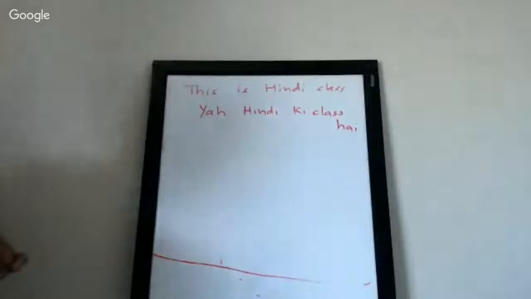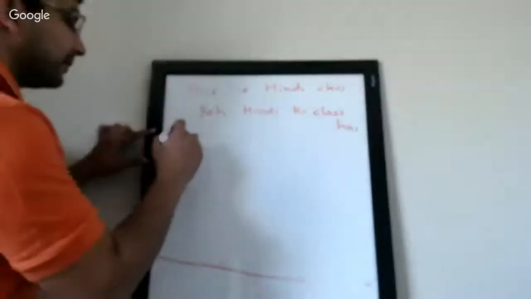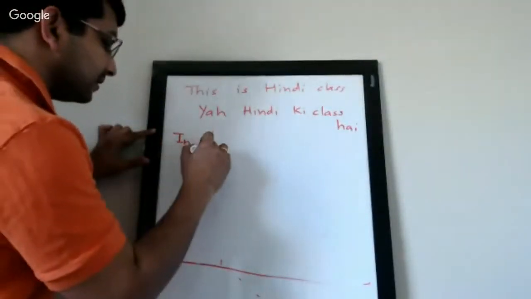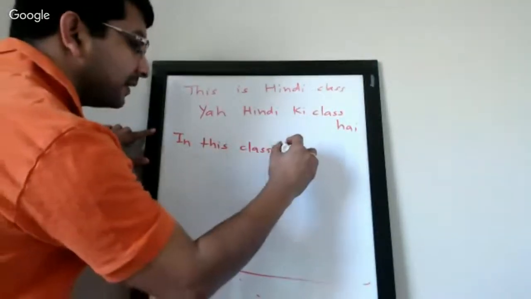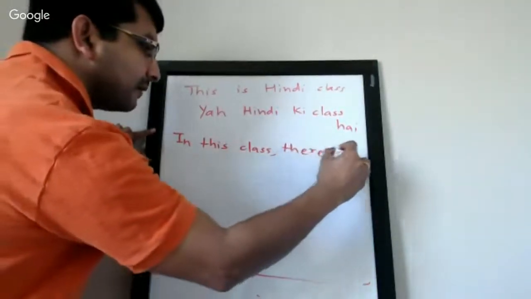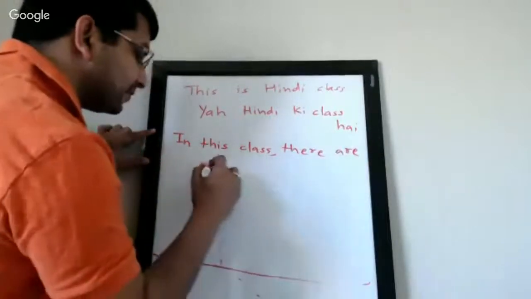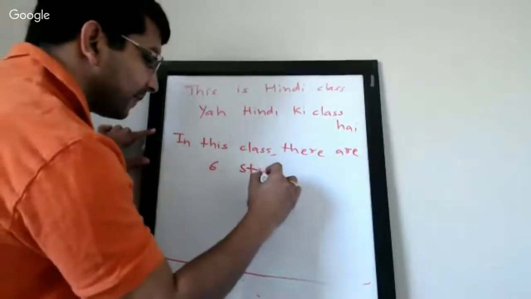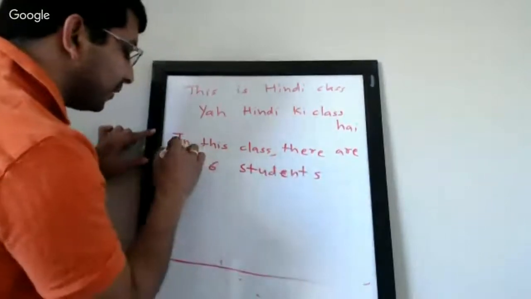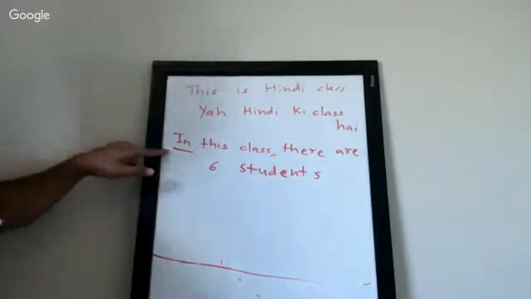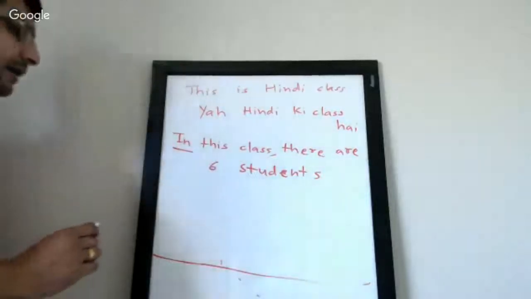Simple as that, right? Now you want to say in this class, there are, let's say, 6 students, right? All of a sudden you have, in English, a preposition, in this class, right?